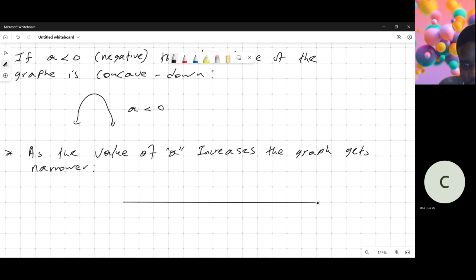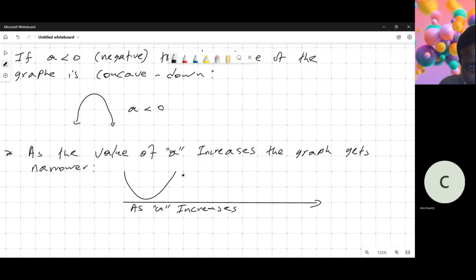So we can illustrate this: as a increases in that direction, the graph is getting narrower. We'll use a smiling face.